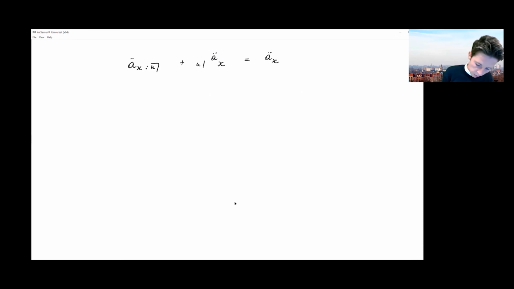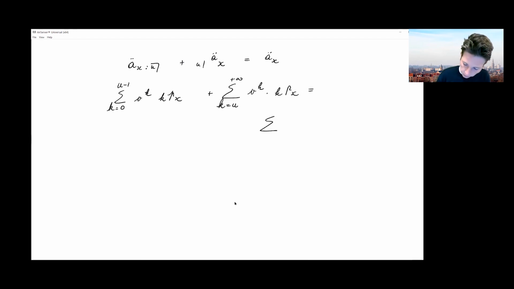Yeah, so if I look at the term product, I'm going to go for K running from 0 to U minus 1. I'm going to work with V to the power K, KPX. And if I work with the deferred products, I'm going to go from U to plus infinity, V to the power K, KPX. And of course, if I put that all together, that's exactly the same as having a sum running from 0 to plus infinity, V to the power K, KPX.